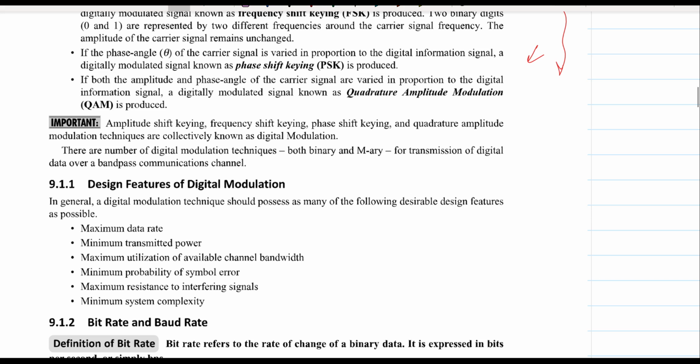When we say M, we normally take it to be technically more than 2, but by definition it says anything that is M, which might be 2 and above. So binary will have BFSK, and when you see B, you know that it talks about binary. But then M-ary says that they are higher order modulation schemes.